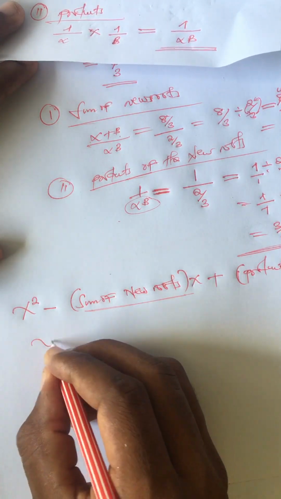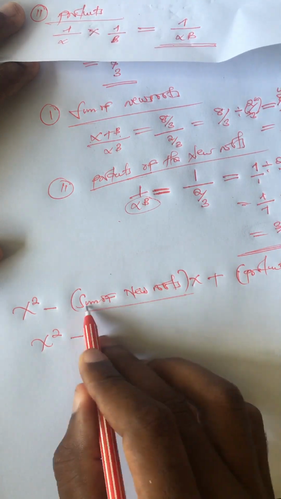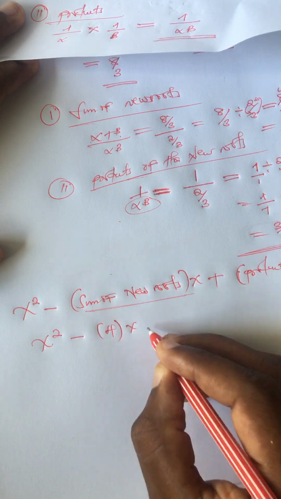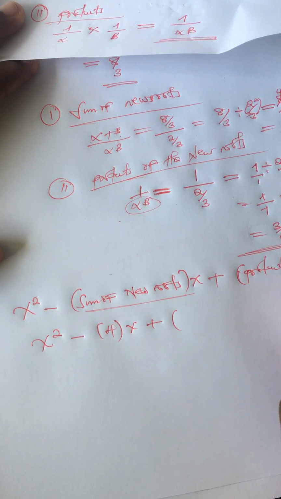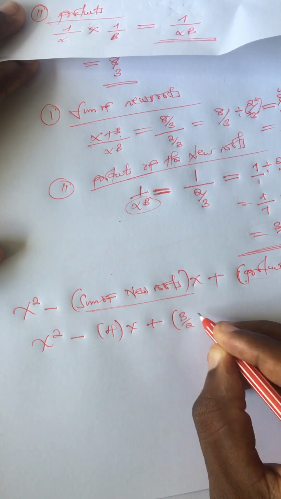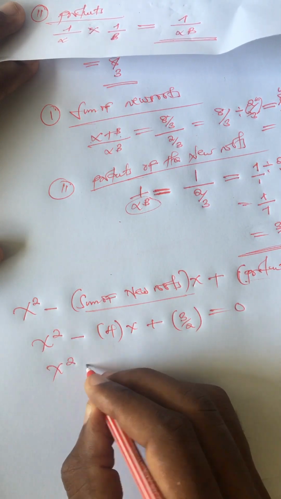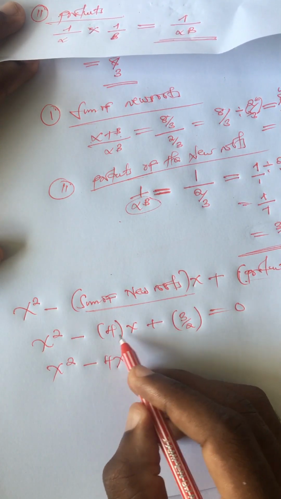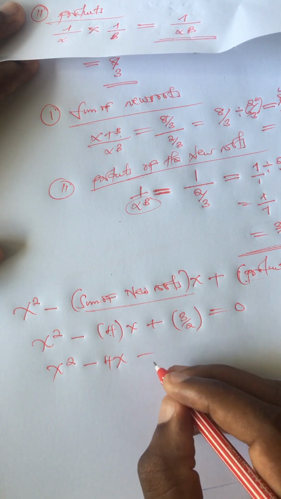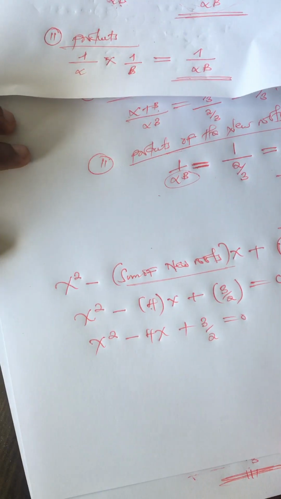So we can say x squared minus 4x plus 3 over 2 equals 0, like that.